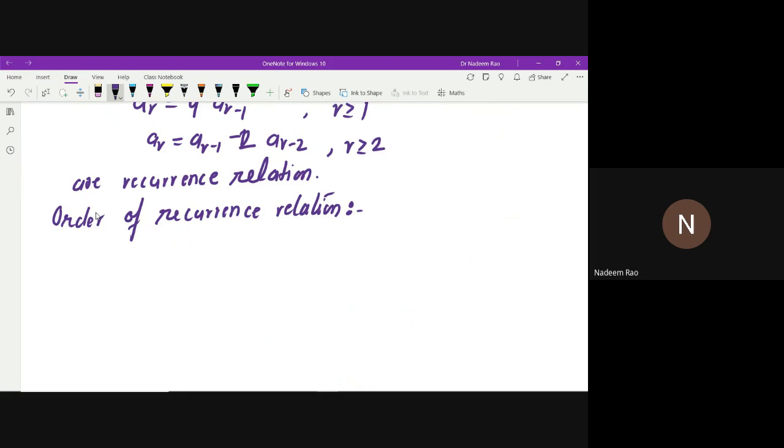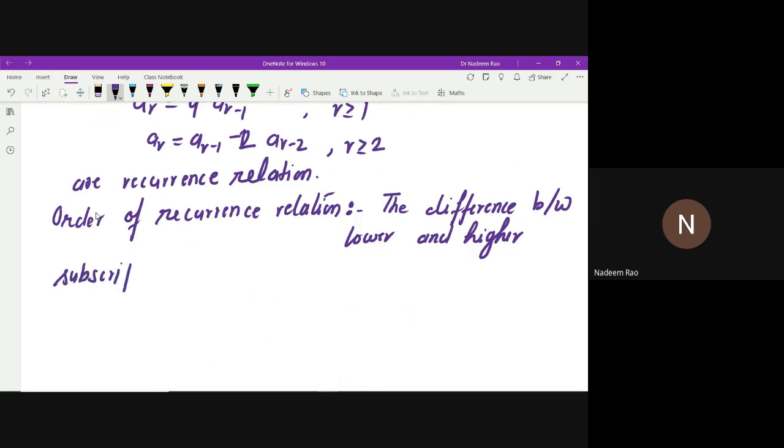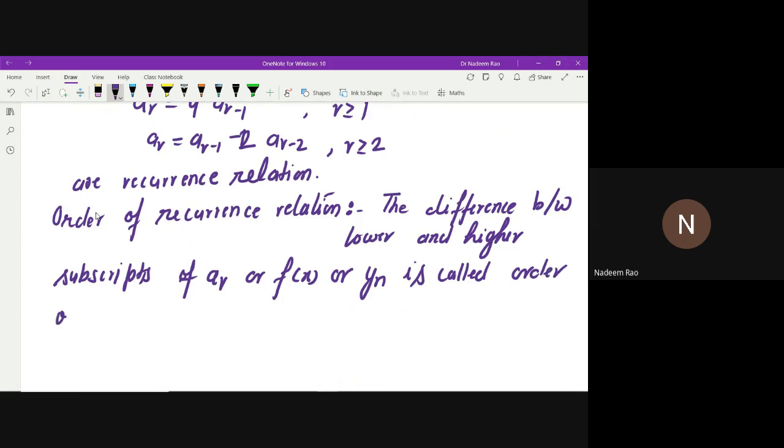The difference between the highest and the lowest subscripts of ai or ar or f of x, it may be of the type of x, or y of n, is called the order of the recurrence relation.